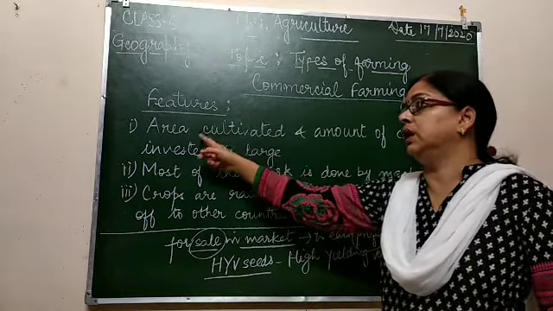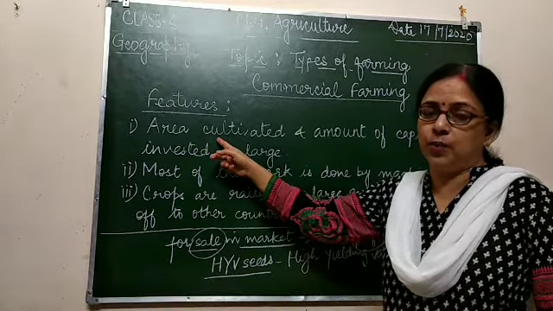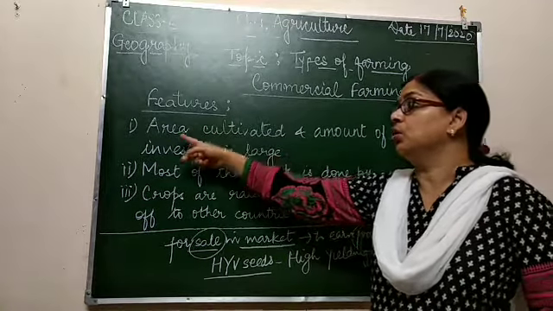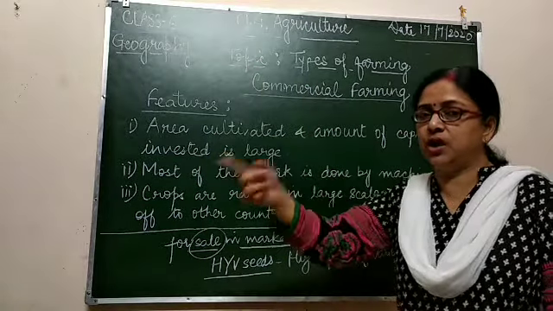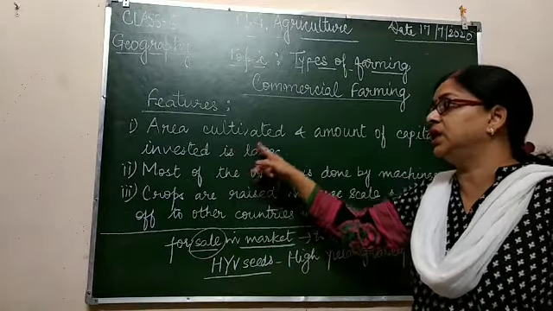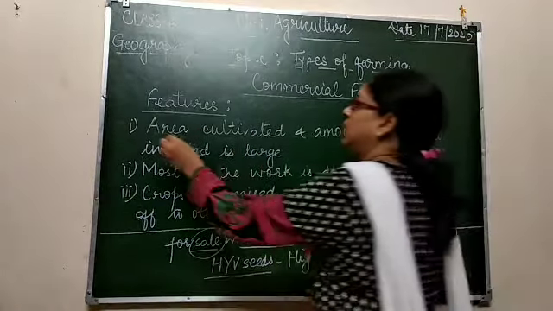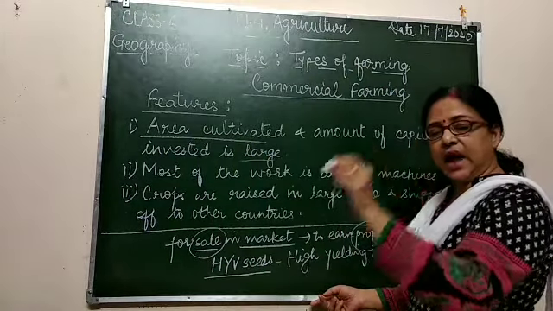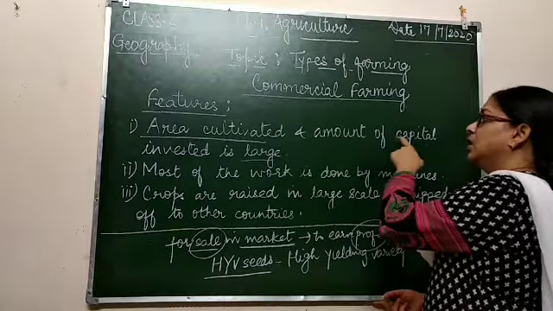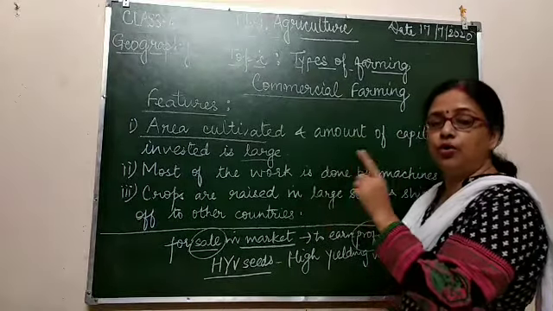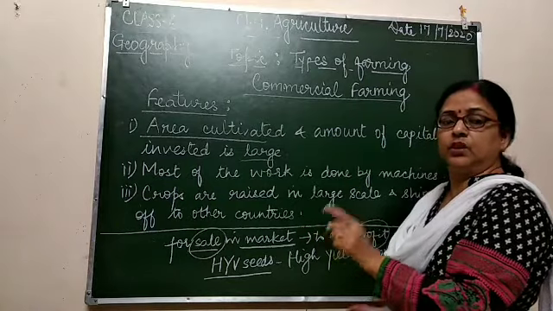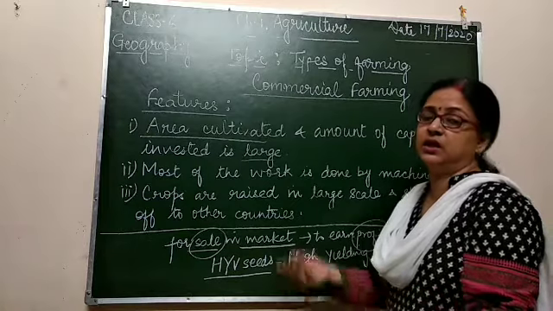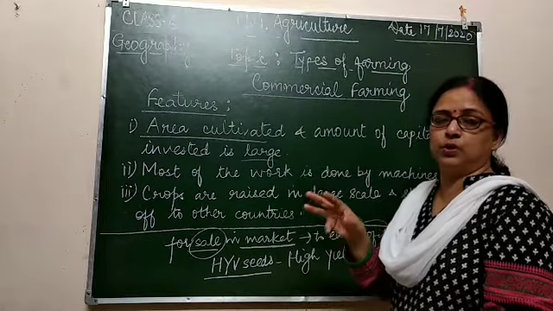The area on which they are growing the crops is very large, and on that land they use a huge amount of capital. It is natural that if the land is too large, then they have to invest more capital also.